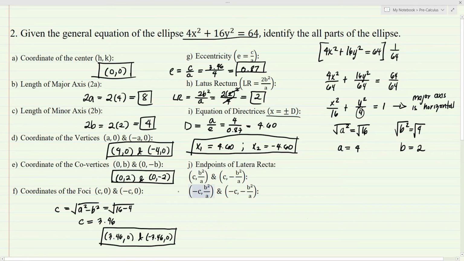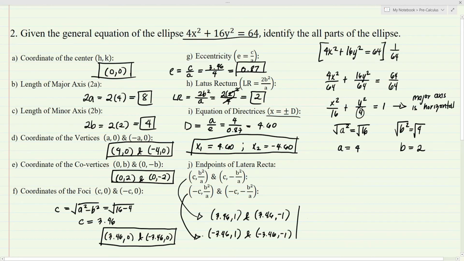So I would have the coordinates (c, b squared over a), that would be (3.46, 1) and (3.46, -1). For the second pair of endpoints, we have (-3.46, 1) and (-3.46, -1). So these are the endpoints of the latera recta.